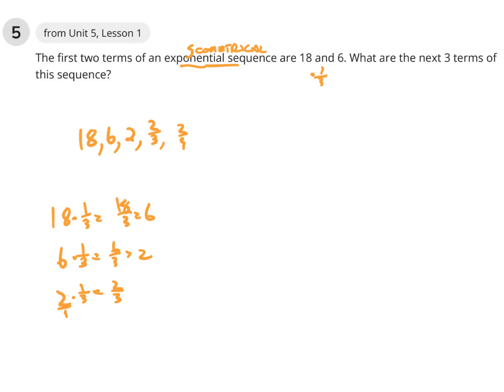Any number can be divided by 1. It's the same number. Then we multiply fractions. Tops multiply tops, and bottoms multiply bottoms. 2/3 times 1/3 is 2/9. Is that 3 next terms? Yeah, 1, 2, 3. Okay, there we go.